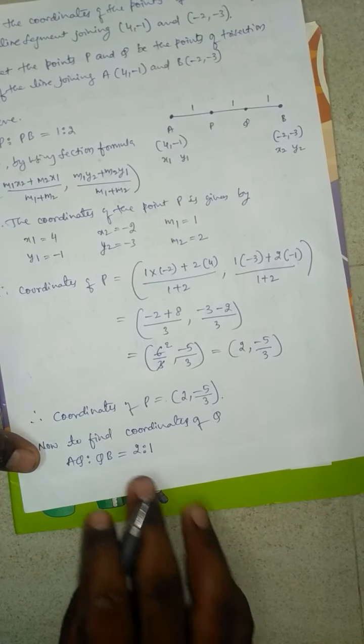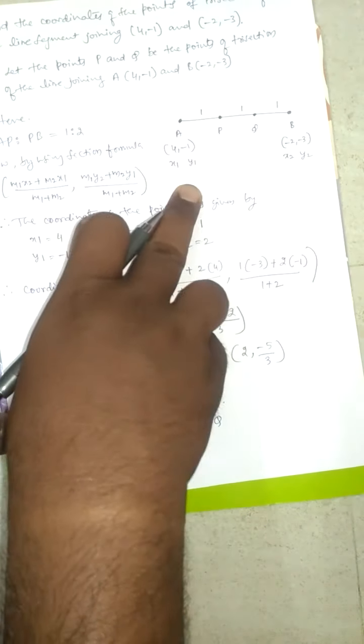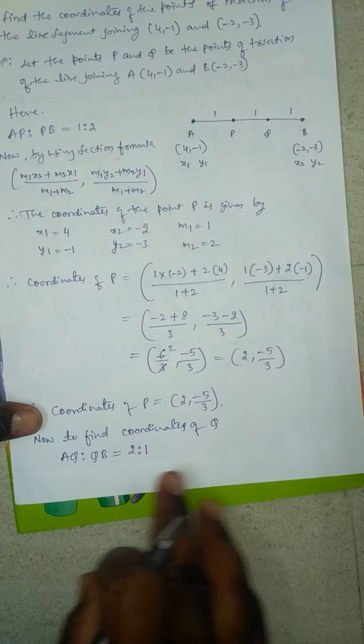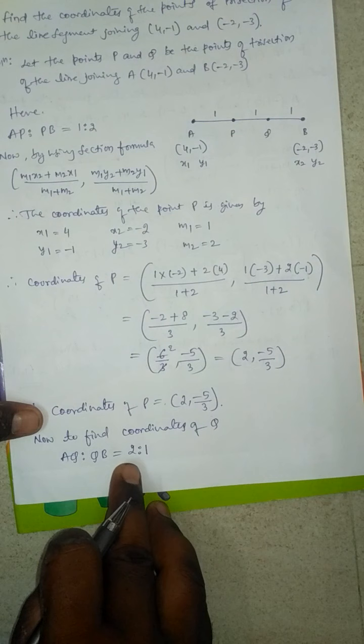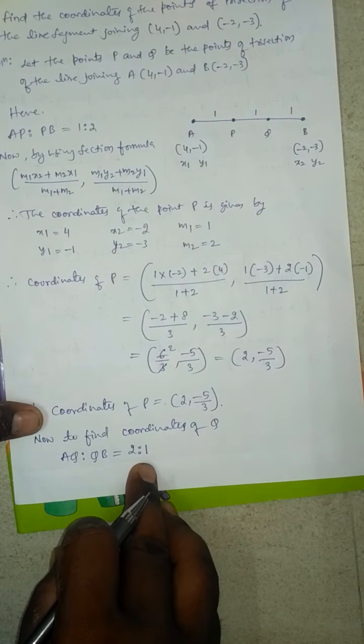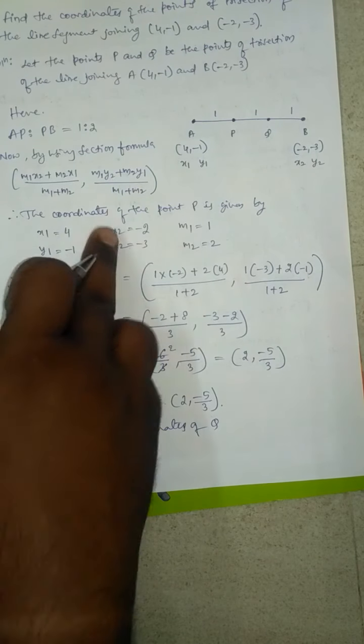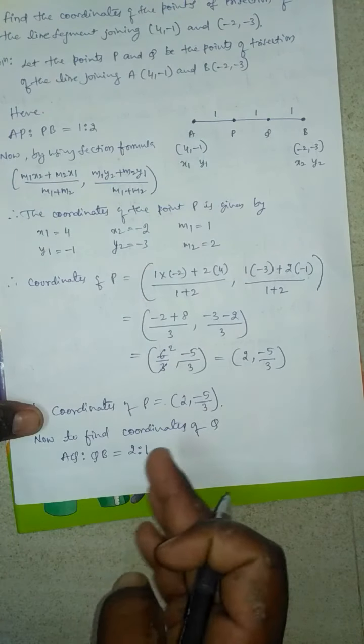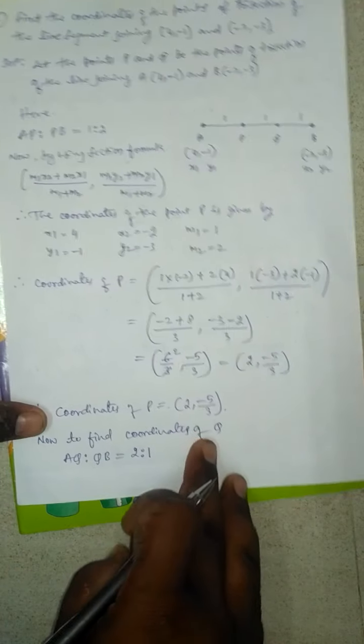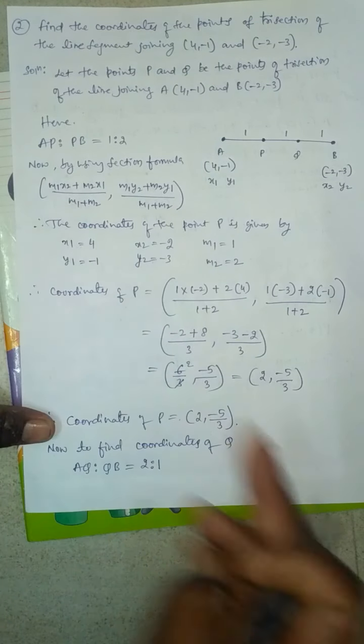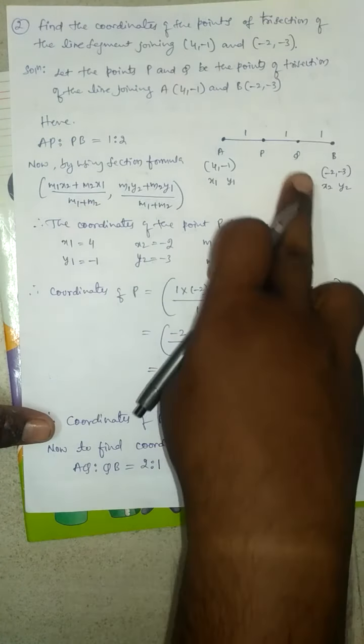Again here x1 y1 is the same, x2 y2 is also the same. Just use the ratio 2:1. It means m1 is equal to 2, m2 is equal to 1. If you substitute all these values in the section formula, we are going to get the coordinates of point Q.